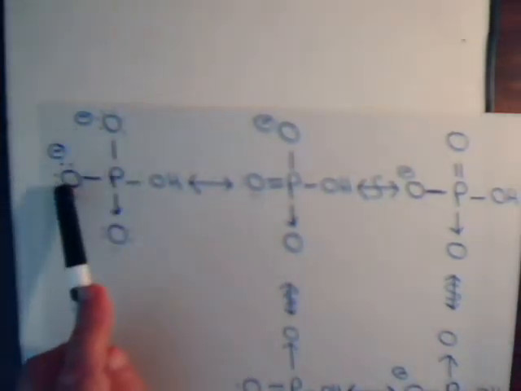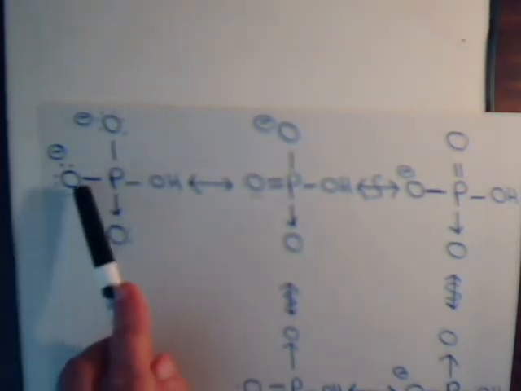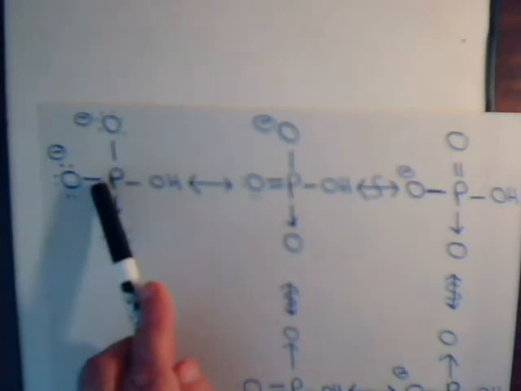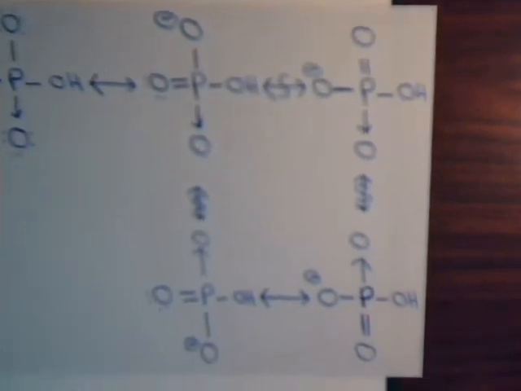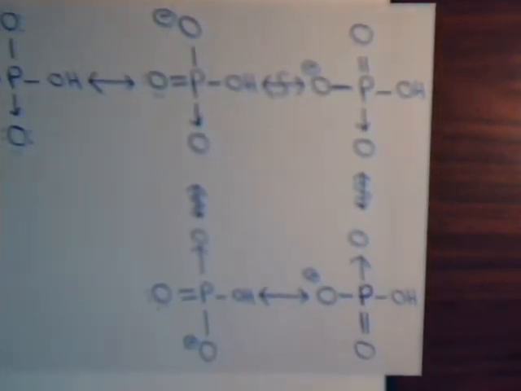Now, when that happens, again, any one of these oxygens can donate its electron pair to the empty d orbital. Then we have these canonical structures. And notice these are better than the ones that we just wrote previously for 2 reasons.